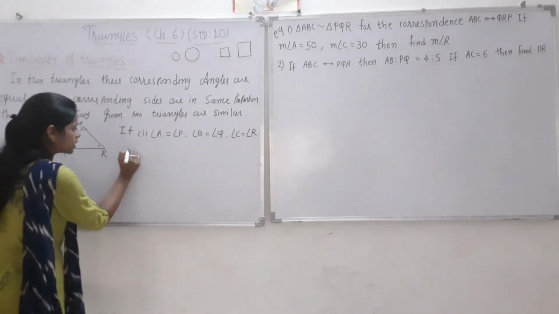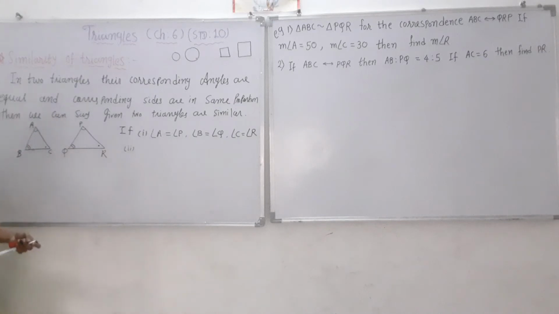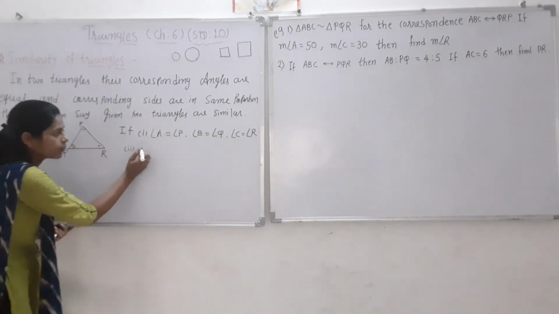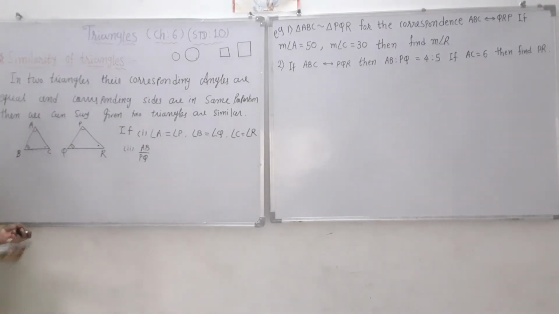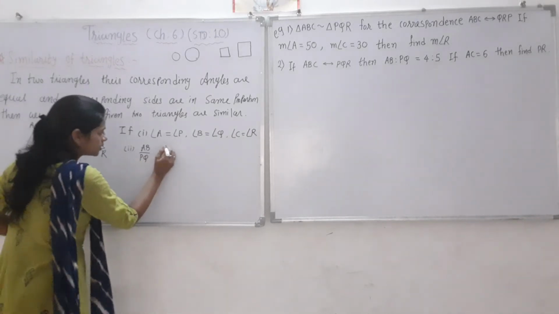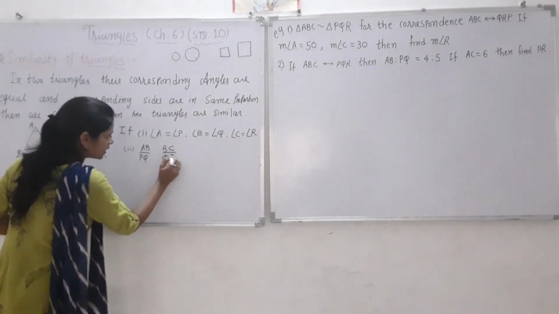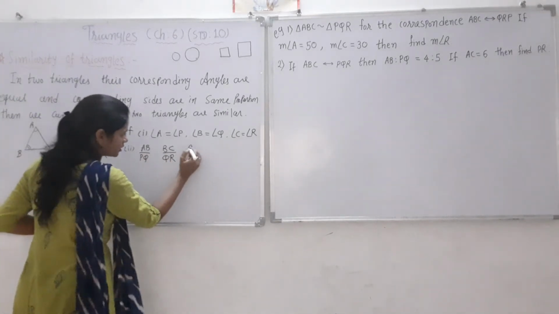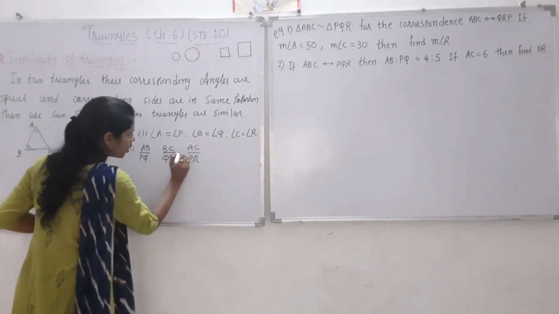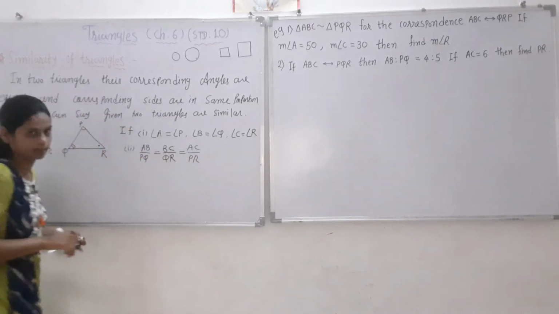The second condition is that corresponding sides are in the same ratio or same proportion. So side AB corresponds to PQ, so you have to take the ratio AB to PQ. Same way, BC and QR, and then AC and PR. These ratios are all equal.